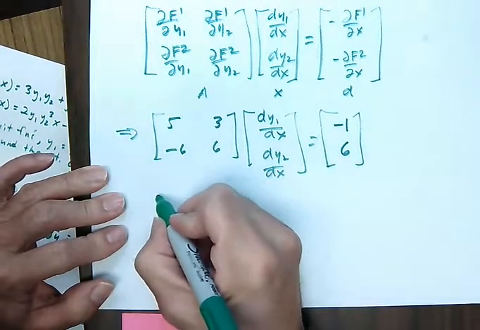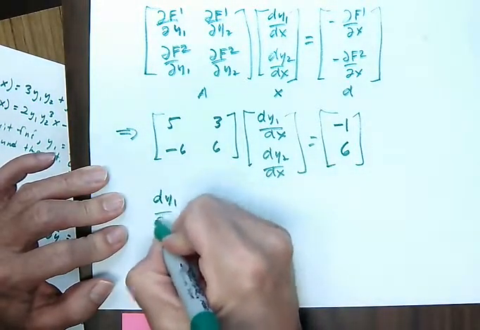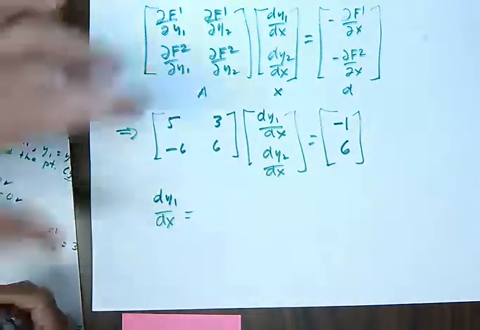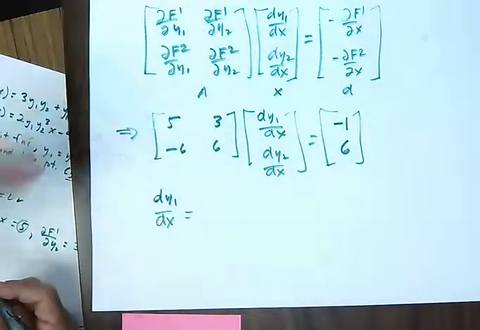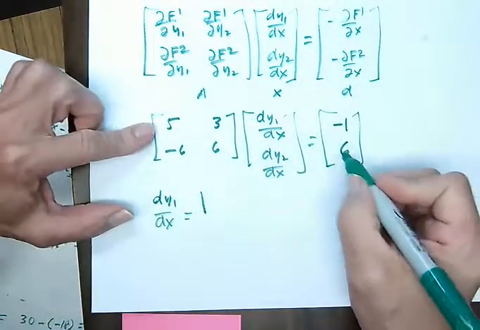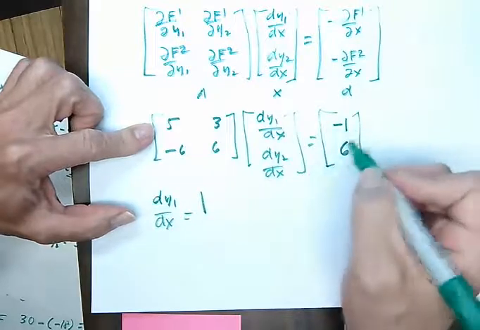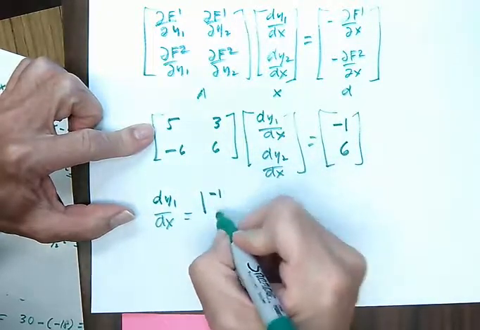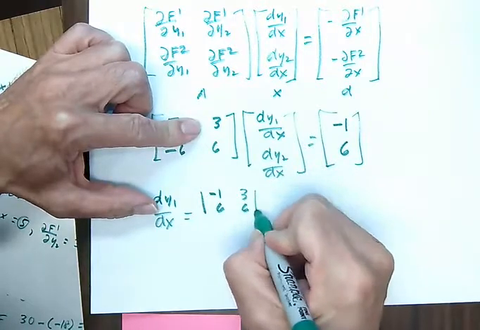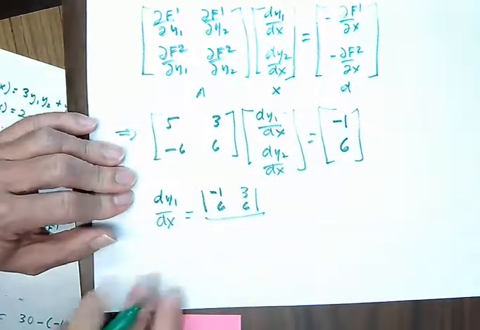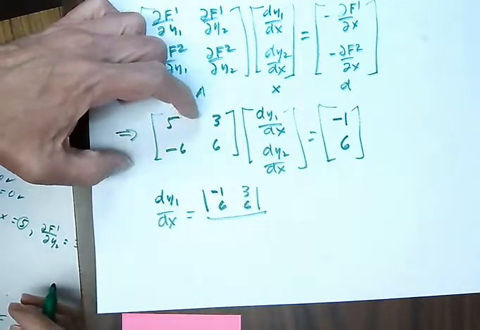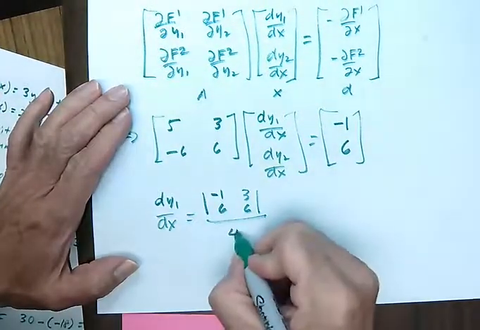So in this case, how can we get dy1 dx? Well, we need the determinant of our A1 matrix divided by the determinant of the A matrix. How do we find that A1 matrix? We replace the first column of the A matrix with the D column vector, and then put in the remaining elements of the A matrix, all divided by the determinant of the A matrix, which is 30 plus 18, which is 48.